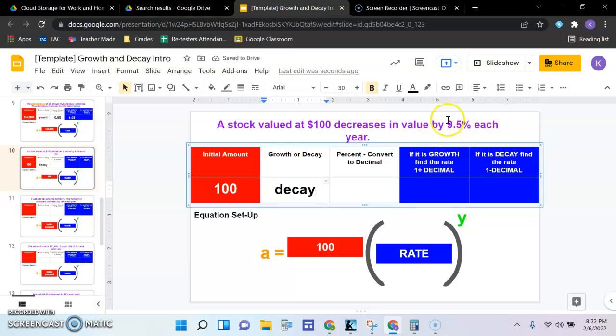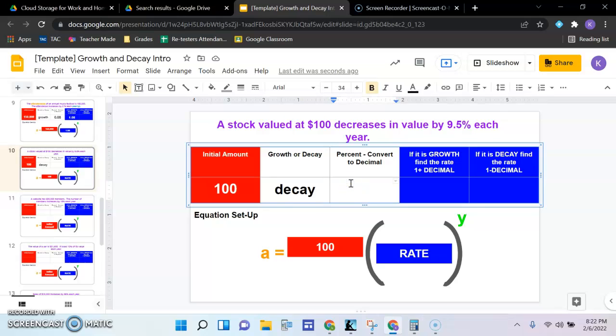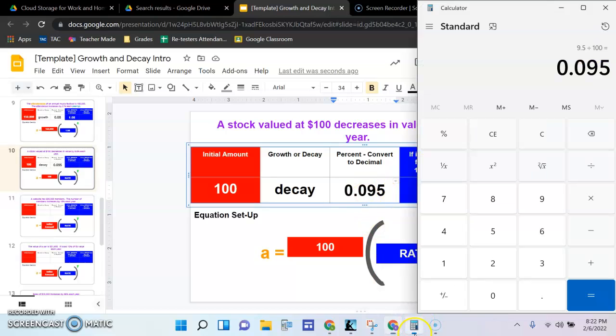We're going to convert the percentage into a decimal. So it's going to be 9.5 divided by 100, which is 0.095. And because it's a decay problem, we're going to get 1 minus this. So we're going to put here 1 minus 0.095, which is 0.905.